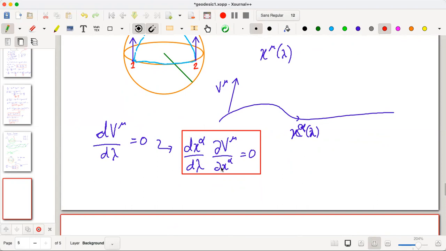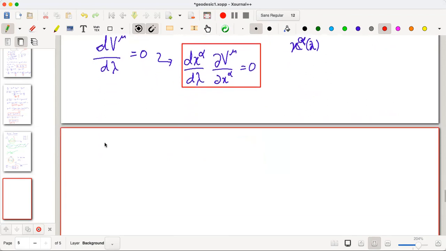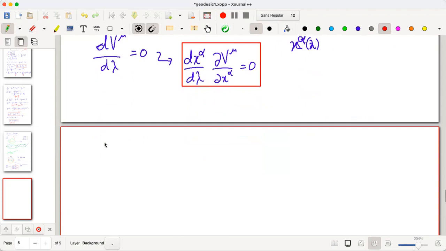But in curved space, this is not a vector or a tensor. So to have the same equation compatible with curved space, we need to modify it a little bit.